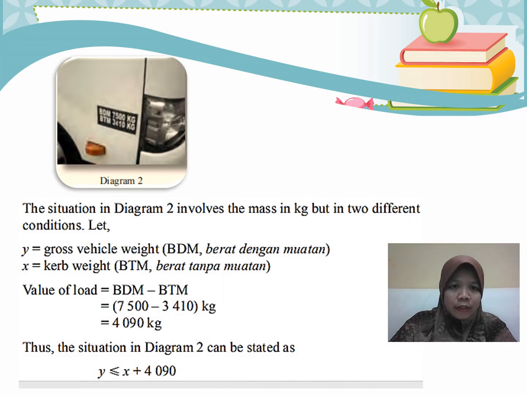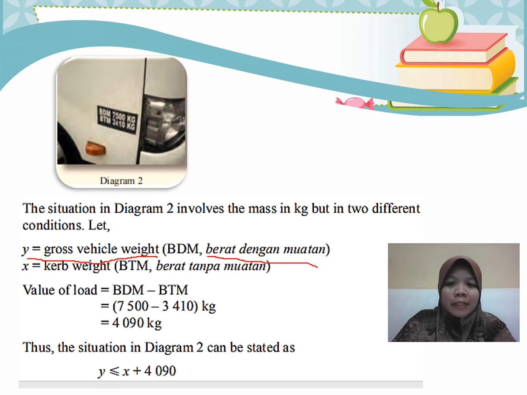The situation in diagram 2 involves the mass in kg but in two different conditions. Let y equal gross vehicle weight. Gross vehicle weight is BDM actually. BDM in bahasa Melayu is berat dengan muatan.